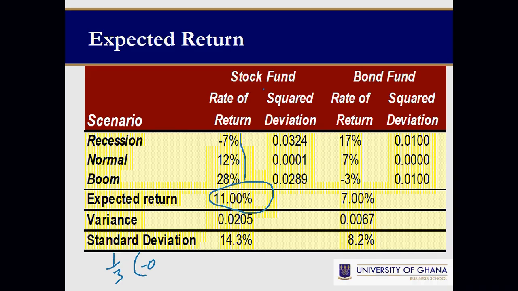So negative 0.07 plus 0.12 plus 0.28. In total, we are getting 0.1099, which is approximately 11%.